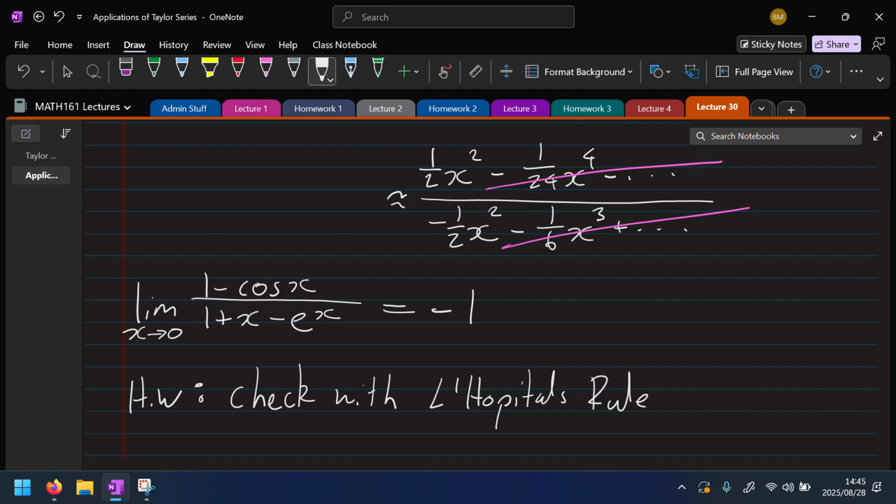Any questions for this one? Yeah, because x is small already. x squared is smaller. x to the 4 is practically 0. Anything higher, we just cross out. That makes no difference.